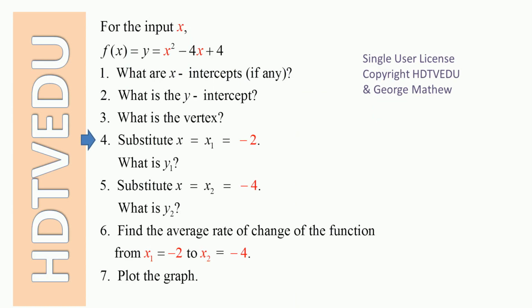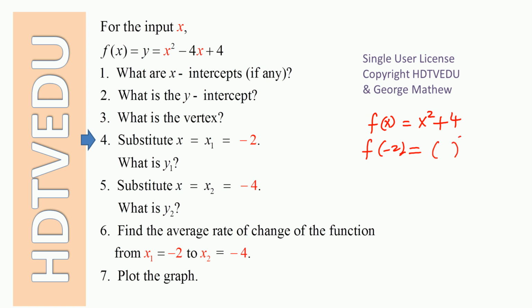Now substitute x equals negative 2. So what is our function? Simple, x squared plus 4. So what is f of negative 2? Please don't get scared when you look at f of negative 2. Just y. So what is y when x equals negative 2?